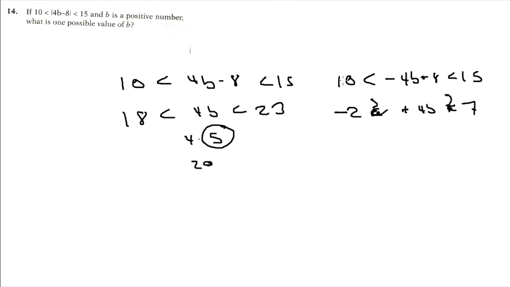Oh, but this here should be negative, that is why. That's where I screwed up. Okay, so 4b has to be somewhere between minus 2 and minus 7. 1 times 4 does not work. You need a negative number to get either of these. So that doesn't appear to work. So I'm going to stick here with 5.